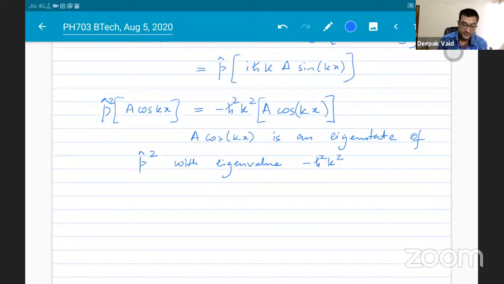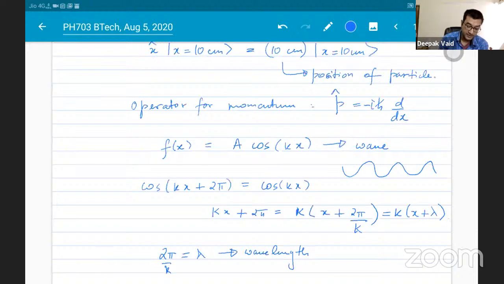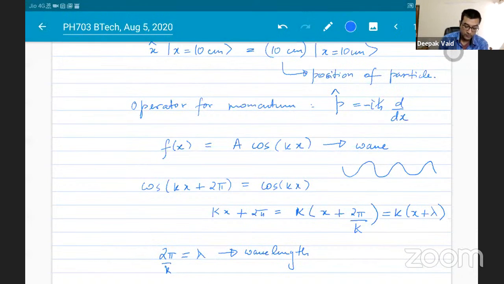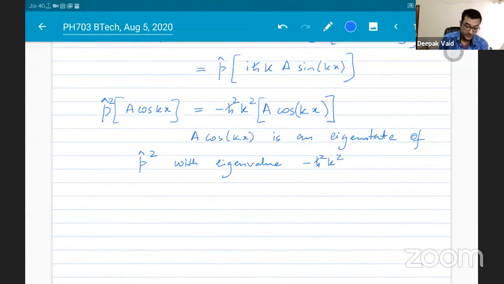Now what is this minus h bar square k square? Let's go back and remind ourselves that k is equal to 2 pi divided by the wavelength of the function. k is equal to 2 pi by lambda. So what is h bar k? h bar k is h by 2 pi times k, and k is 2 pi by lambda.